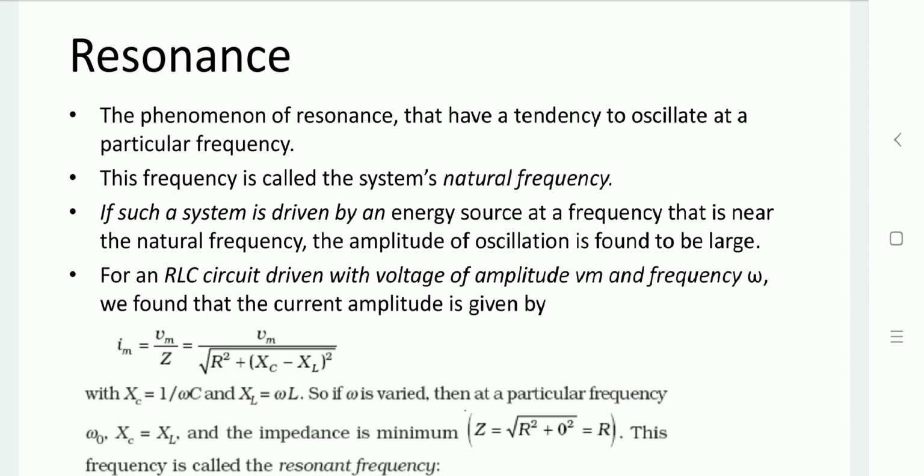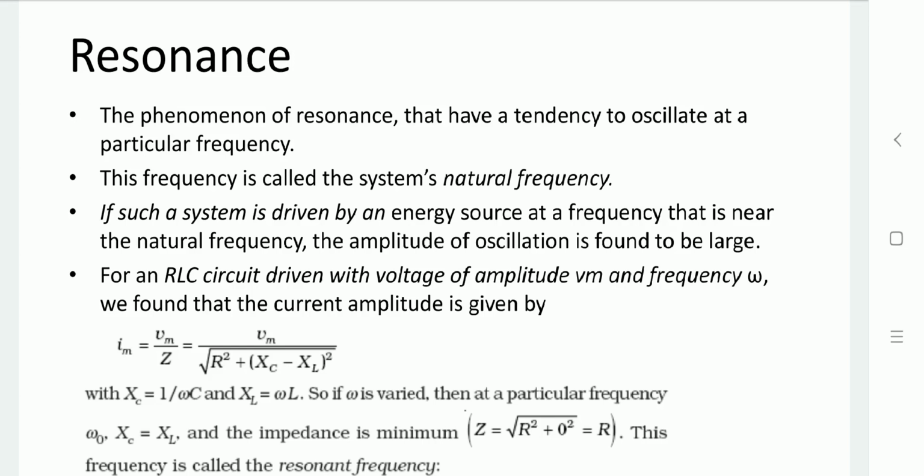So in this case, we are able to get the maximum amplitude of the current because I equals V by Z. Here by applying Xc equal to XL, the denominator is reduced, giving Vm by R. So in that case, we are able to get the maximum current.